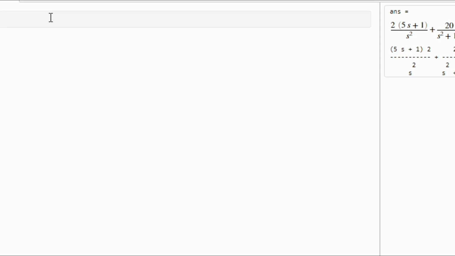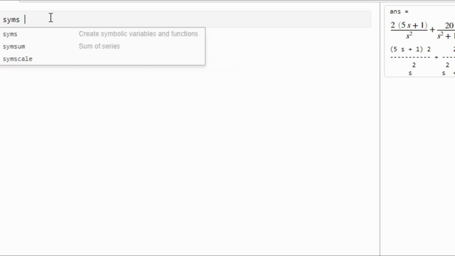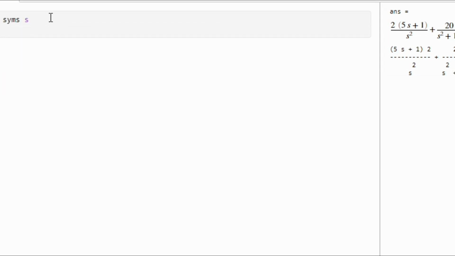You will type dsolve inside the parenthesis, you will write dy is equal to 1 plus y square, and y at 0 is equal to 1. So this is your initial condition. The same code we will type over here to find the inverse Laplace.